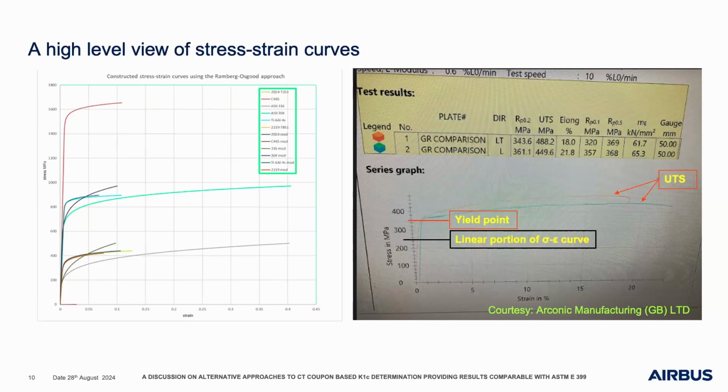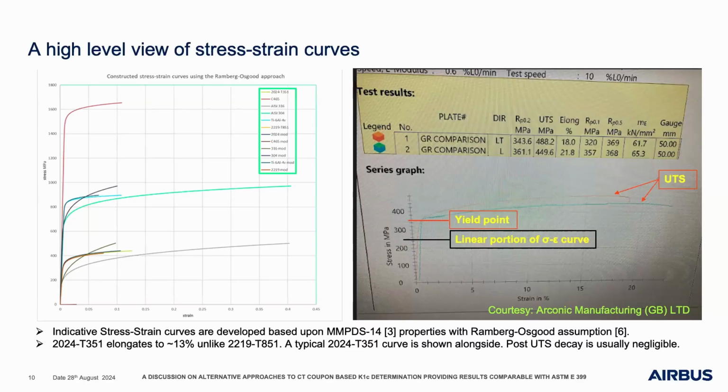We'll note from this image that, while the steels to the left have these elongations, your aluminium is at about 13% for 2024. And these are real curves provided to us by Arconic. It's a photograph, so apologies, it was a quick one upon request, in the L and LT direction.